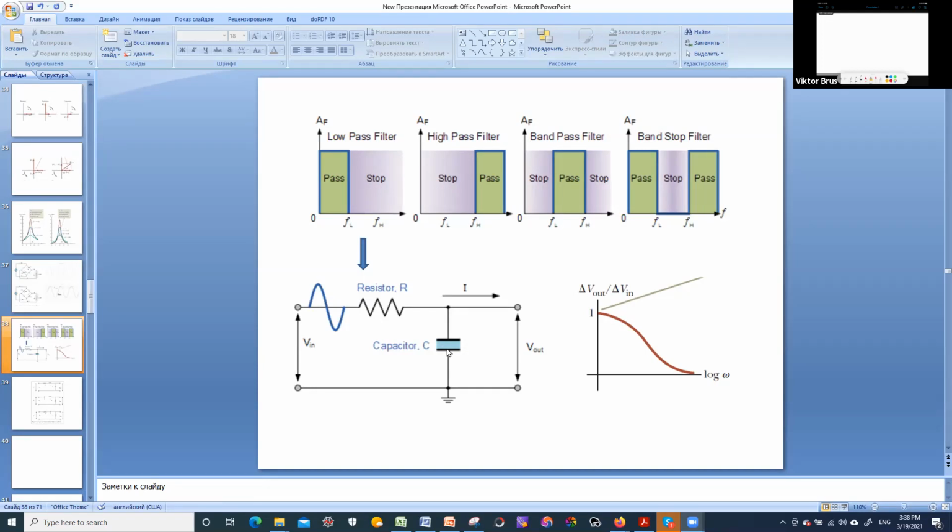In this case, the voltage drop over this capacitor, this output voltage, is equal to the input voltage, because all voltage is dropped here. This is the circuit element with much larger resistance than resistor R. That's why if we consider at this plot the ratio of output and input voltage at low frequency, close to 0, this ratio gives us unity. So they are equal to each other.